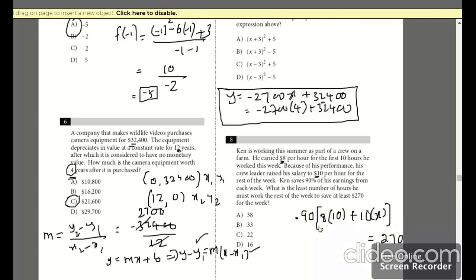Now if you multiply 0.90 with 80, you're going to get 72, plus 0.90 times 10x will give you 9x, is equal to 270. So upon subtracting 72 from 270, what are we going to get? Let me just do it over here.